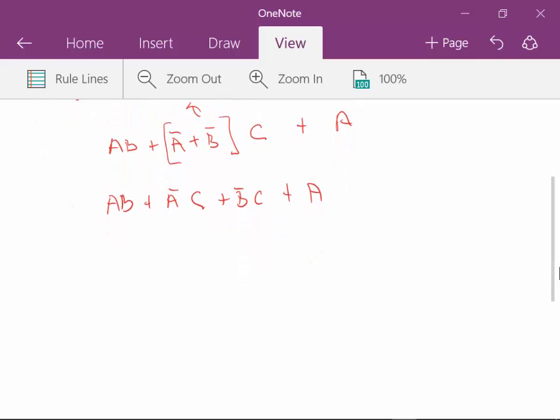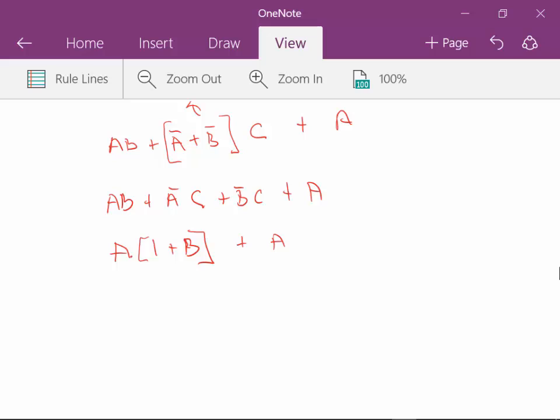Now, when I look at this one right here, first off, I can combine the first 2 and make that term disappear. So, in other words, A times 1 plus B, right there, see that?